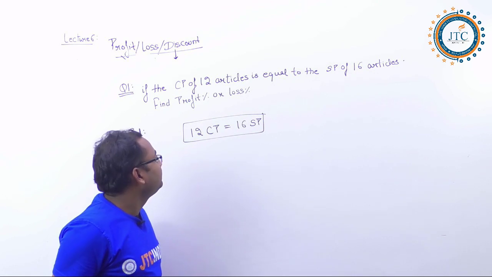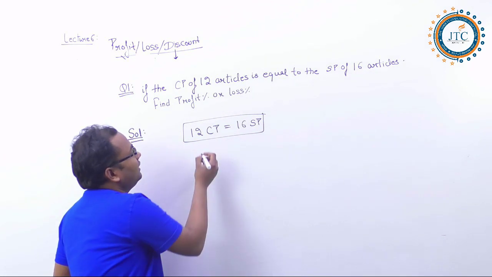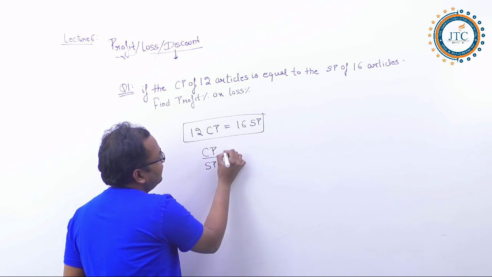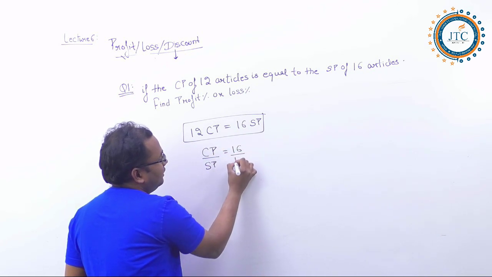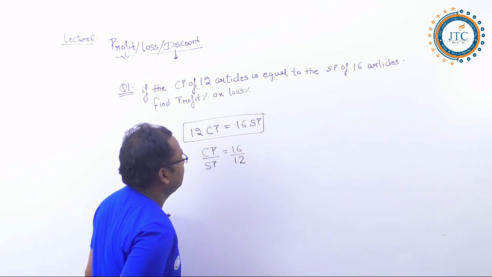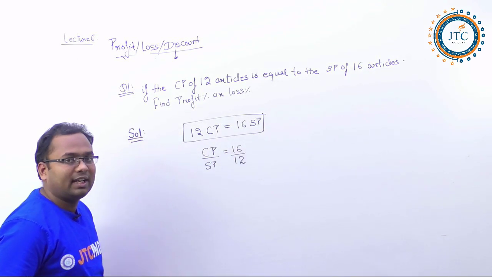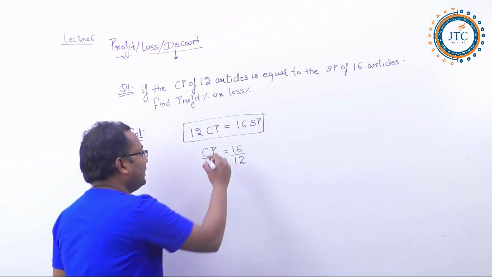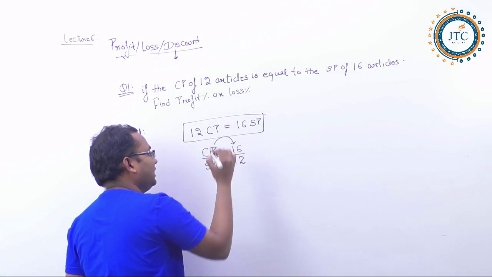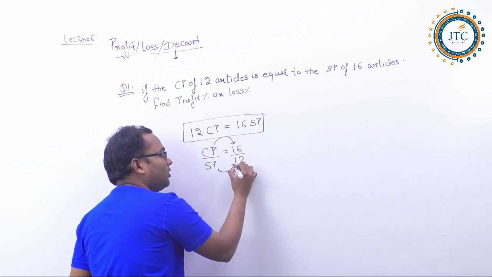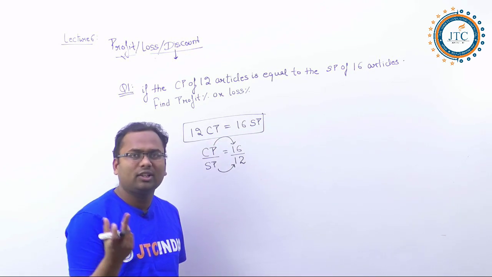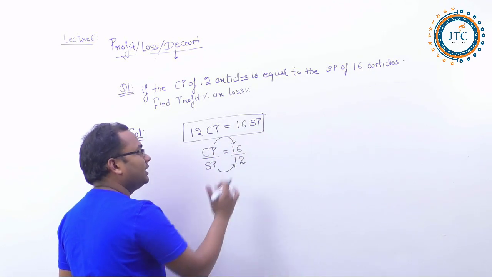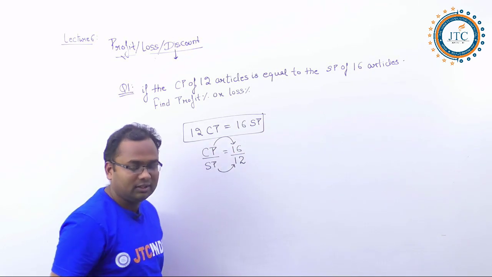Basically this is the equation. So from here we can write that cost price by selling price is equal to 16 by 12. So from here we can directly assume that the cost price of an article is 16 and the selling price of an article is 12. This is basically the short trick.